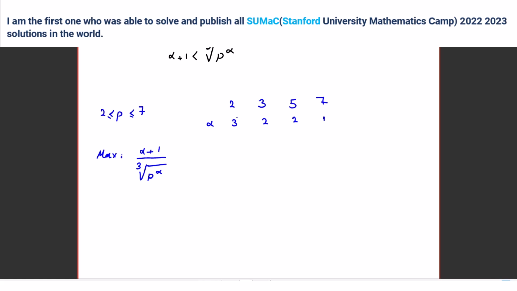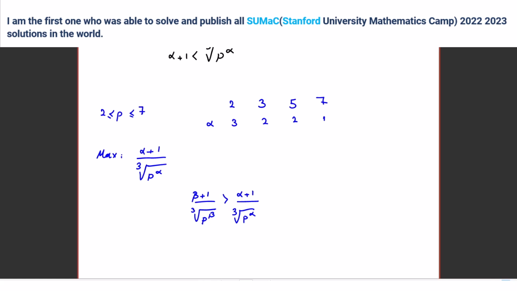You want to say, okay, if it is not maximum, there exists another maximum where the power is beta. You meant this? Yes, so beta plus 1 over cube root of p to the beta is greater than alpha plus 1 over cube root of p to the alpha.